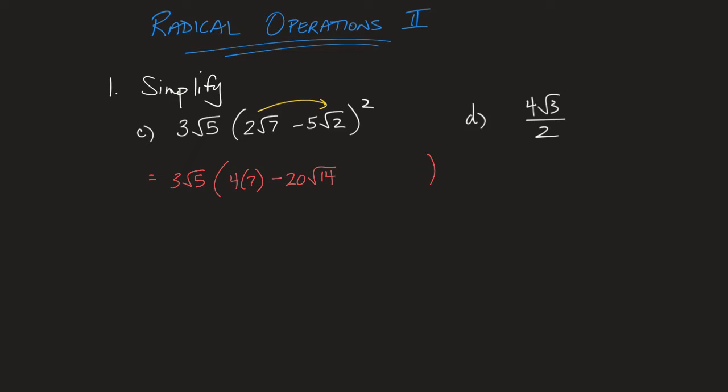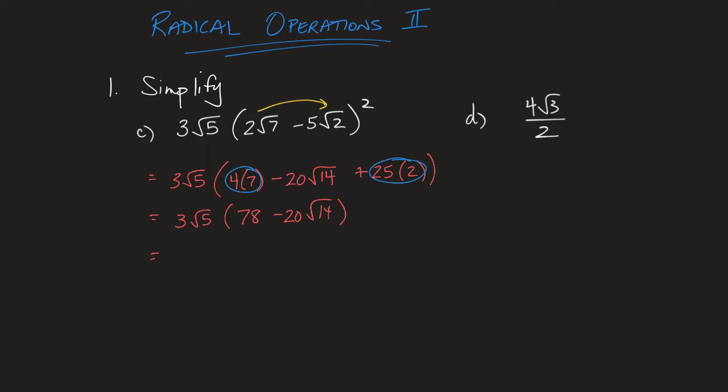And now in the end, I have to square my last, so square the 5 is 25, and square the root 2 is 2. I'm probably going to spend a line just going through and putting that stuff on the inside together. I don't think it's a big jump for us to say, that's going to give us a 28 on the 4 times 7, and that's going to give me a 50. So my 28 and 50 is going to collect, and there's my 78.